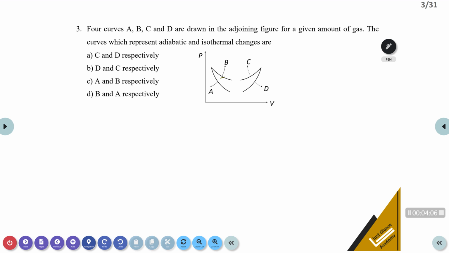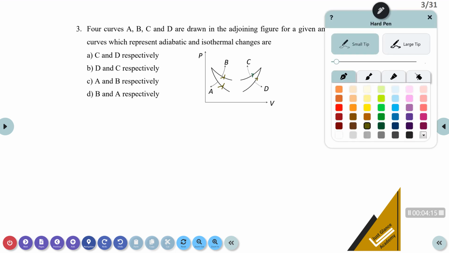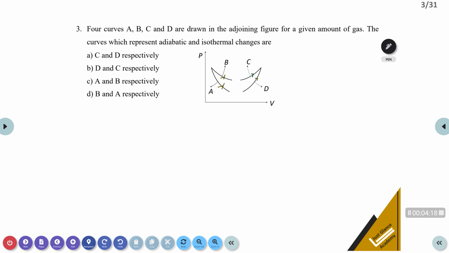Now, here you see students, the slope always represents dP by dV, which equals minus gamma into P by V. Here the slope is negative for this curve, and for this also it is negative.